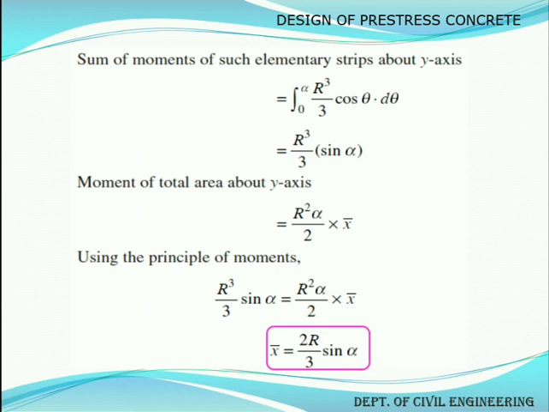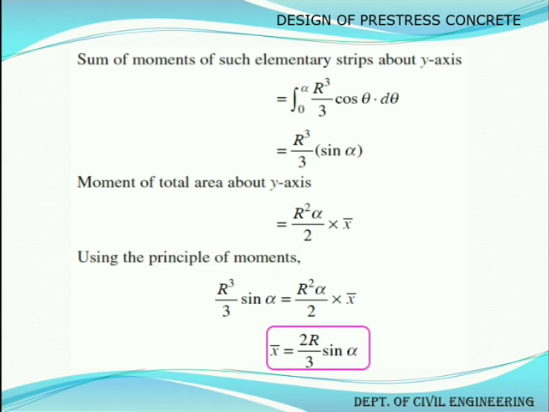So let us integrate all such elemental strips between the angle 0 to alpha. Why we are taking the limit from 0 to alpha is because 0 is the base angle, whereas our sector extends maximum up to an angle alpha. Therefore, integration of 0 to alpha of r cube by 3 cos theta d theta.